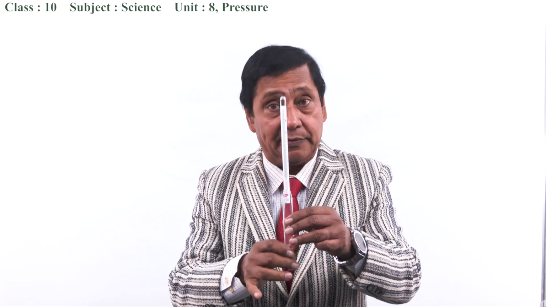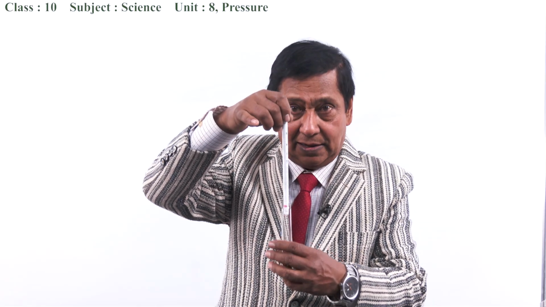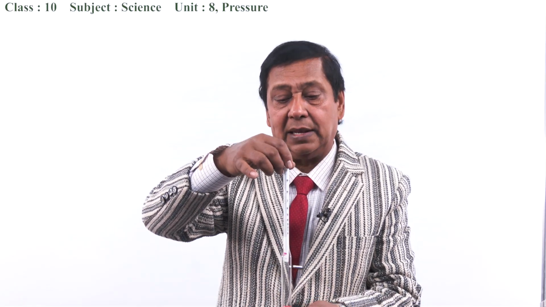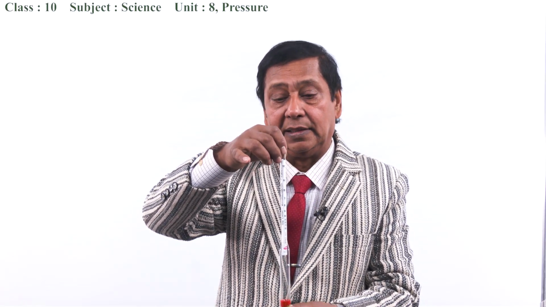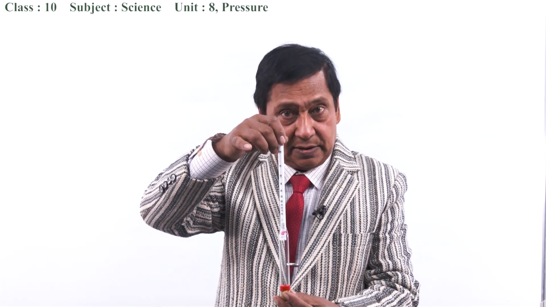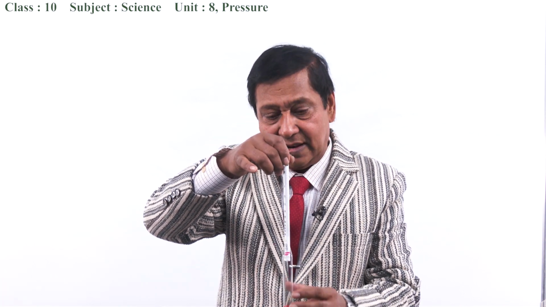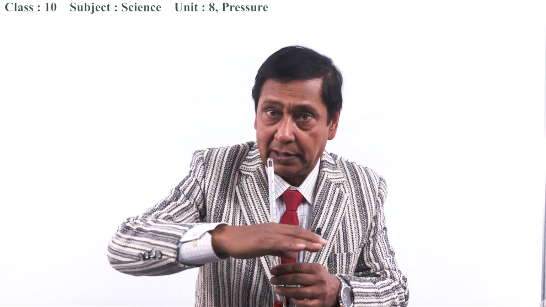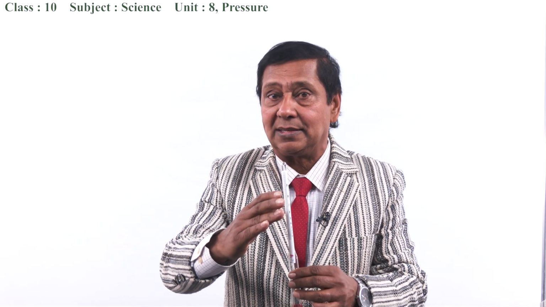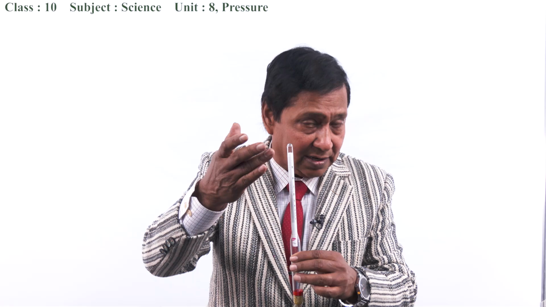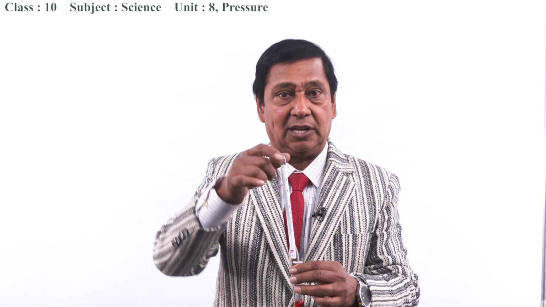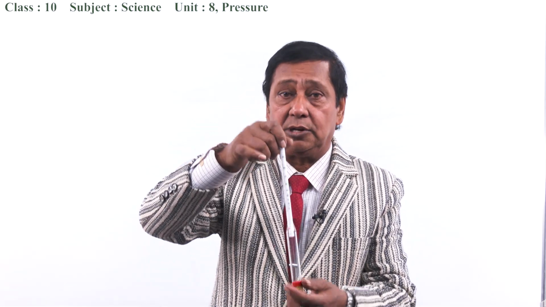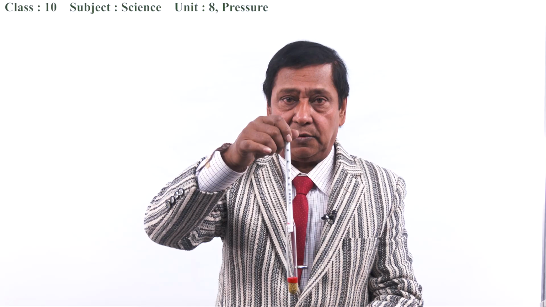It is made heavy at the bottom because when it is placed in liquid, it should remain vertical in the liquid, and when it remains vertical, a certain value of density coincides with the level of the liquid, and this is a direct measurement of the density of that liquid. This way we use this hydrometer to measure the density of the liquid.